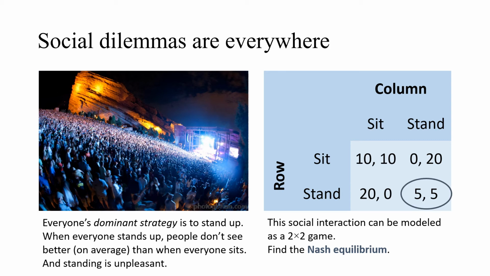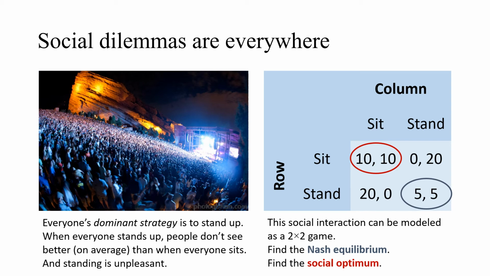The Nash equilibrium is 5, 5, which stands for stand, stand. And stop the video again and think for a minute about the social optimum. The social optimum outcome in that matrix is sit, sit, which is 10, 10 payoffs at the end.